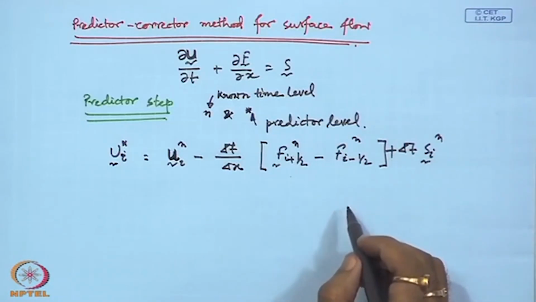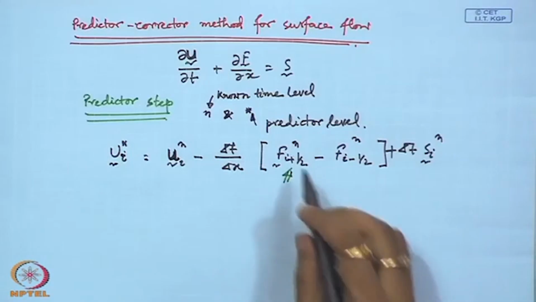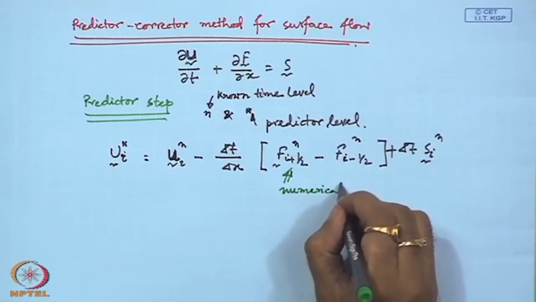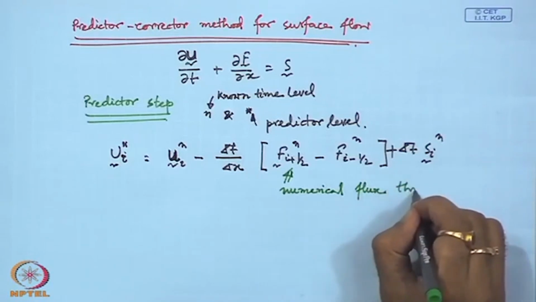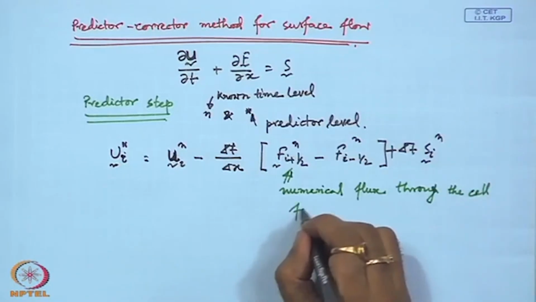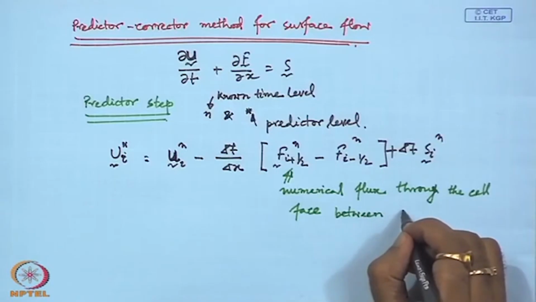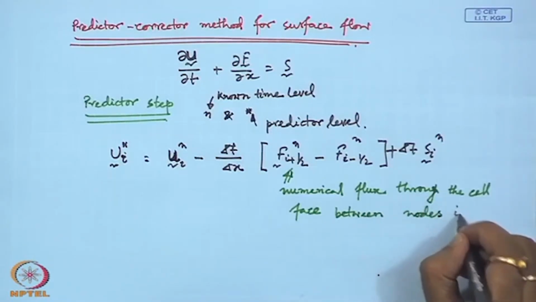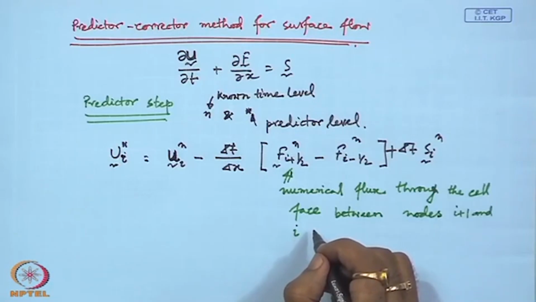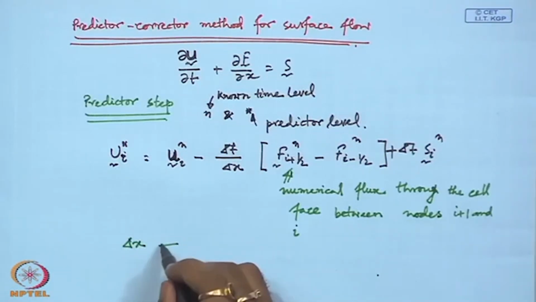So, this f at I plus half represents the numerical flux through the cell face between nodes I plus 1 and I, and del x is basically the grid spacing.